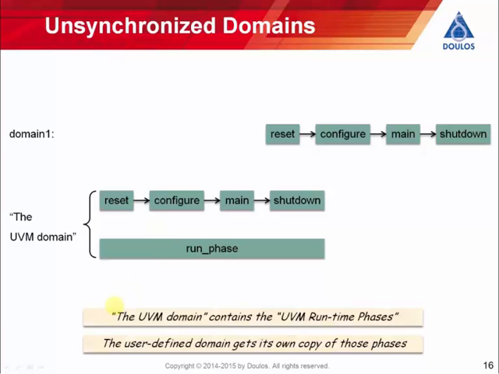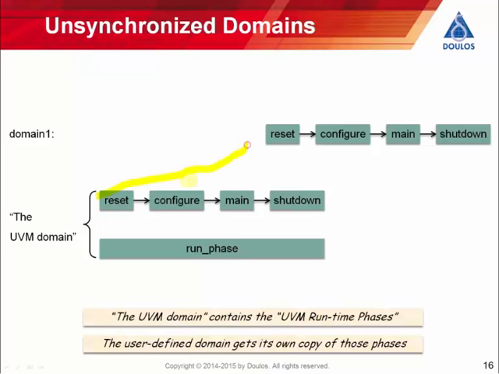So the UVM domain, which is the default domain, contains all of the UVM runtime phases, and we've now got a new user-defined domain that effectively contains its own copy of the UVM runtime phases. But you can see that the two domains are not synchronized.